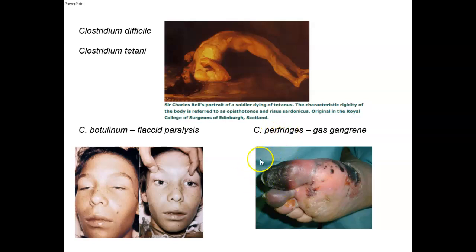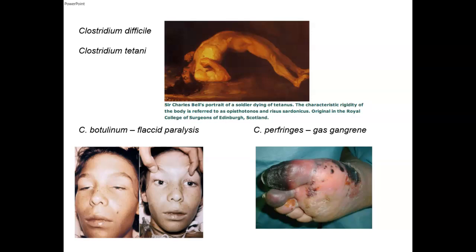Once your tissue does this, it's completely dead, and needs to be amputated. It's not going to revive. So it smells really bad because the bacteria smell really bad. And this is a bacterium that's around. It can be in the dust. It can be just on our bodies. And if it gets into a wound, it can cause this disease. So all these endospore formers can be very, very serious.